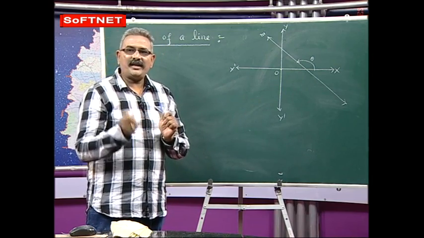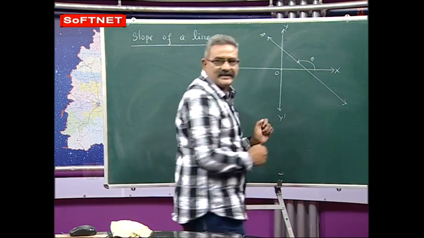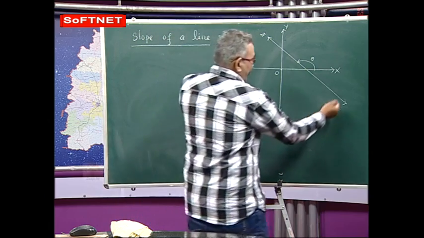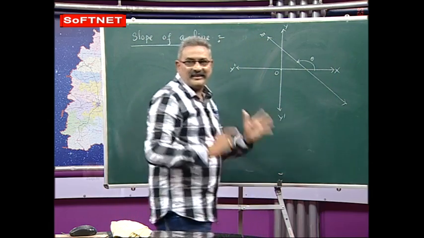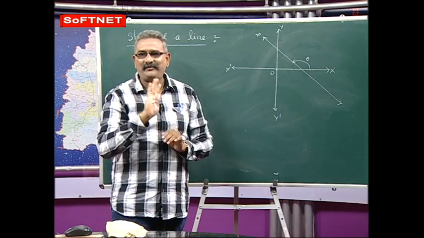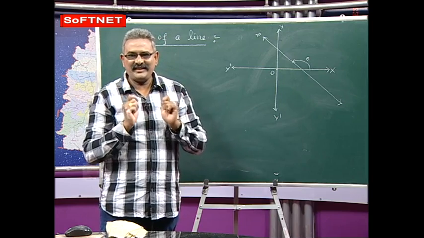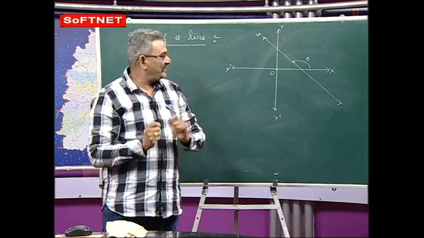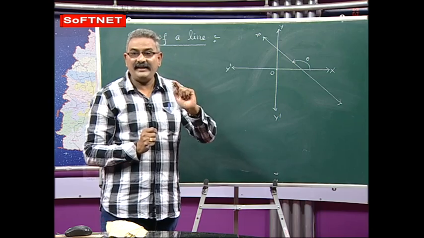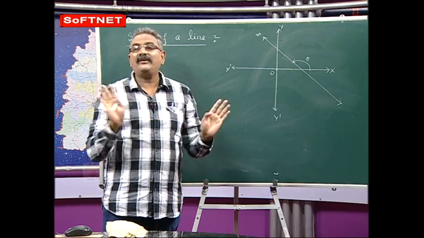So for example, if the line coincides with x-axis, what will happen? Just rotate it like this, you think. Then theta may become 0, but theta may not become 180 degrees. The range of inclination of a line lies between 0 and 180. It may be equal to 0, but it may not equal 180.